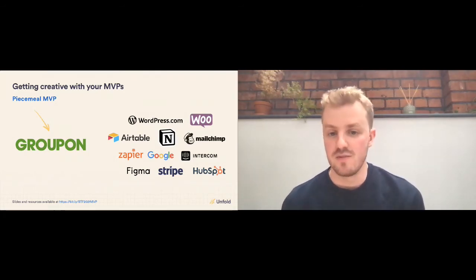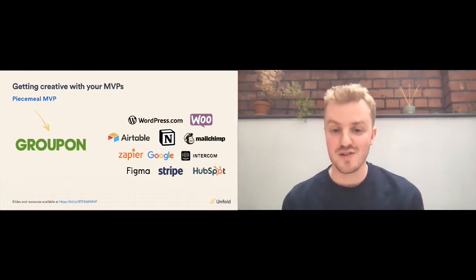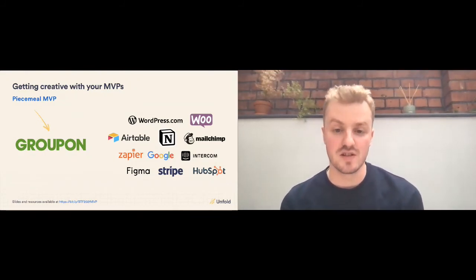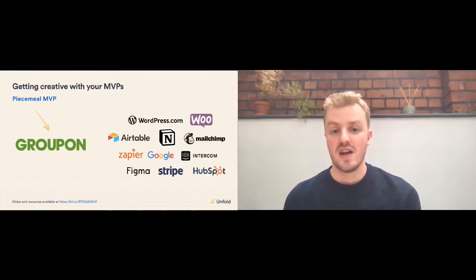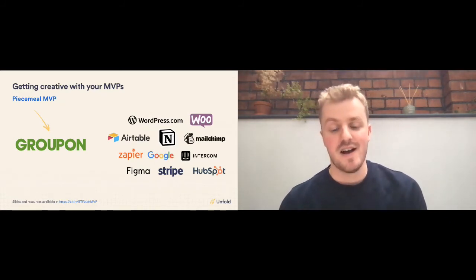Loads of tools are available to do this: Airtable, WooCommerce, Notion, MailChimp. You can put something really quite sophisticated together using lots of advanced tools. We actually had a client who came to us who had used WordPress and Airtable as a combination for an online booking service for chefs.